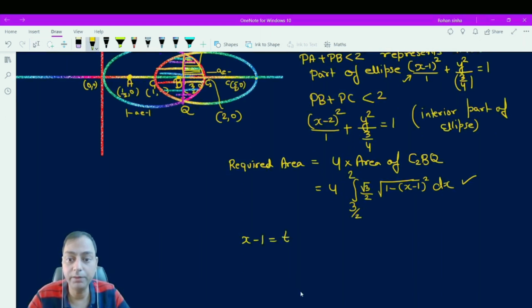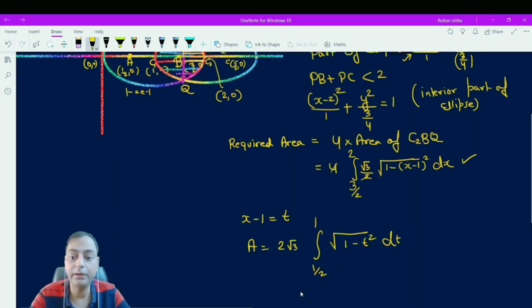So the required area is this, cancel out, 2 root 3, limit is from 1 by 2 to 1, under root 1 minus t square dt, and put t as sine theta.